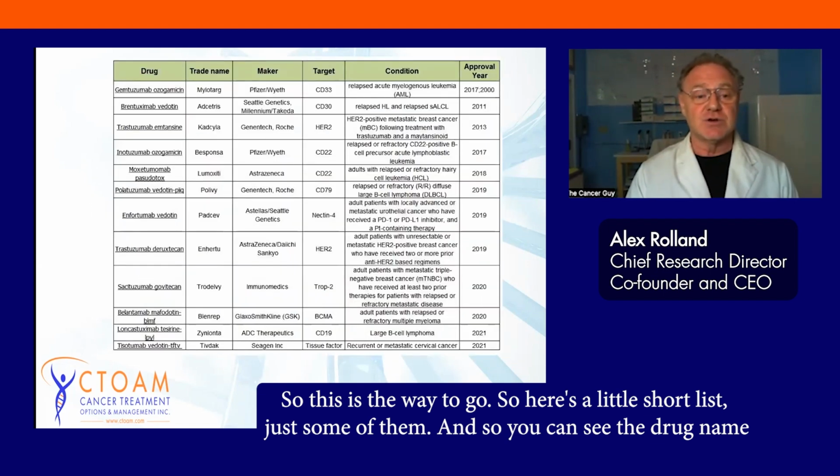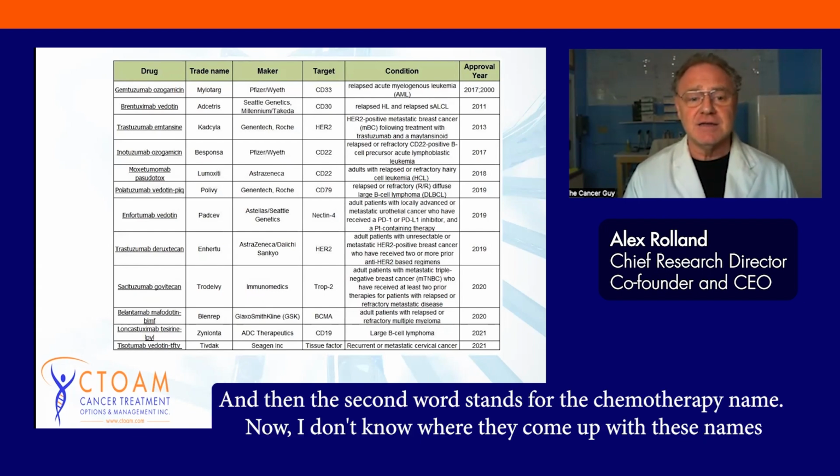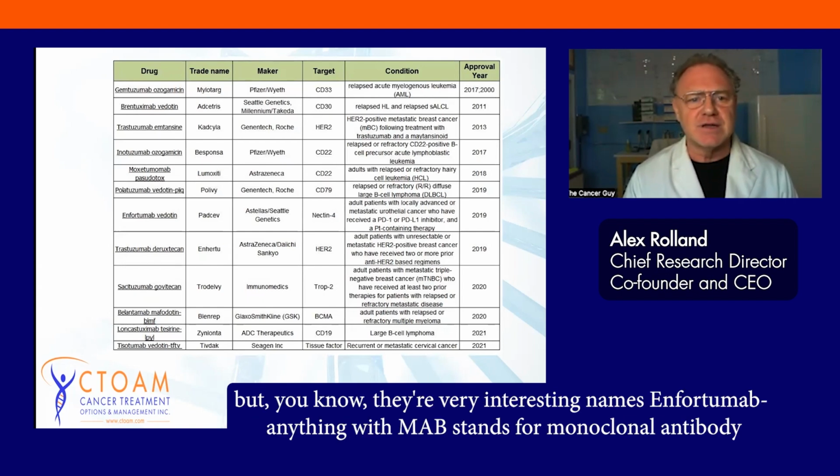You can see the drug name. They've always got two different names. The first name is the antibody that targets that cell receptor or antigen, and then the second word stands for the chemotherapy name. I don't know where they come up with these names, but they're very interesting names.